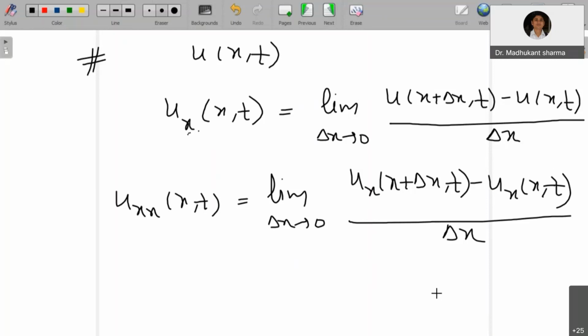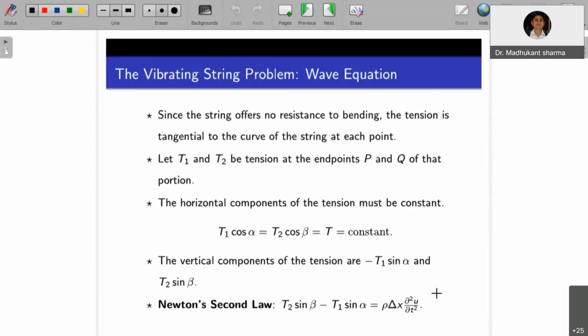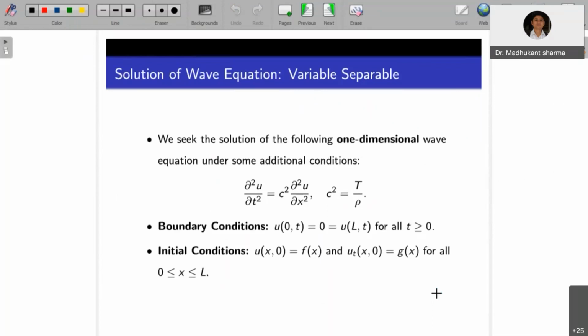Any other question? Okay, right. So let's move to this. We have done this. So we seek the solution of the following. This is the one-dimensional wave equation.